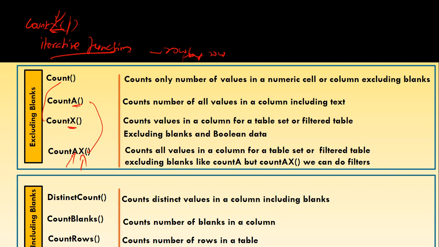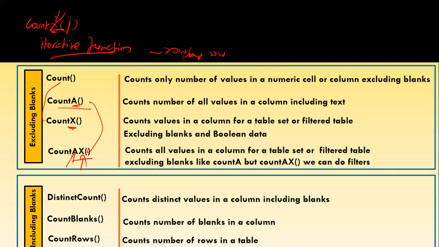And since this function ends with x, it's an iterative function. It evaluates the expressions row by row. COUNTA and COUNTAX are more or less the same when it comes to the data type. It works with all the data types. But since this function ends with x, it evaluates the expressions row by row.